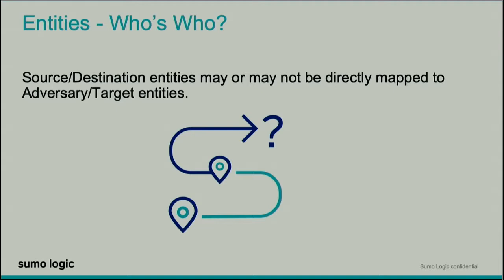So that's the actual attacker. So the VPC flow says I'm the source, but the attacker is actually at the destination.